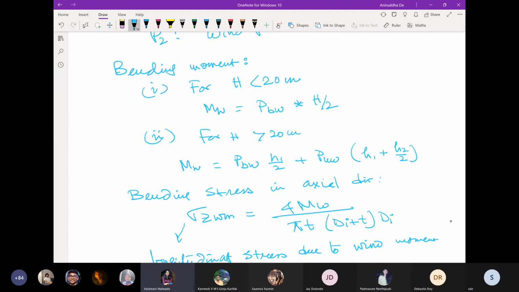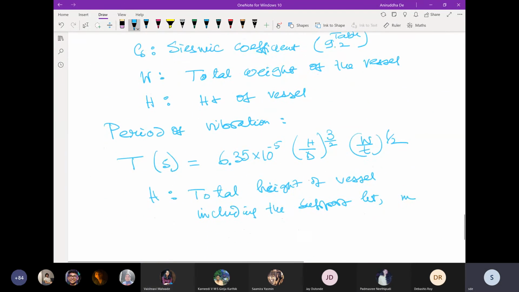So what is this H1 and H2? H1 is the height of the part which is less than 20 meter, and H2 is the portion beyond that. The lower part is the height which is less than 20 meter, and the upper part is the height beyond 20 meter.